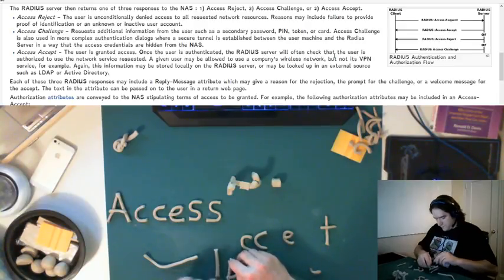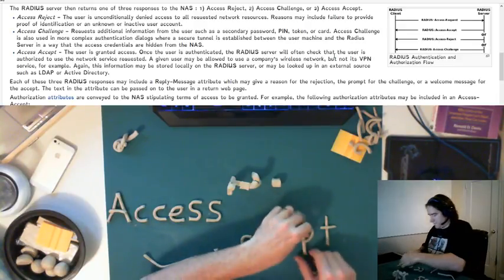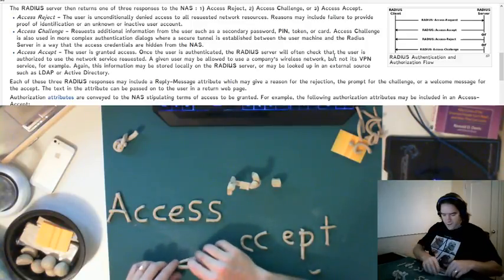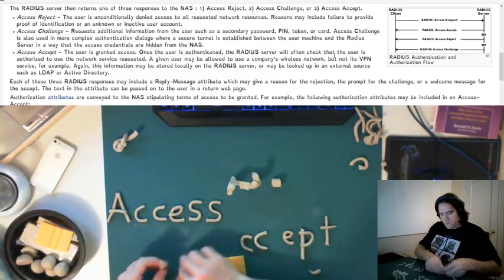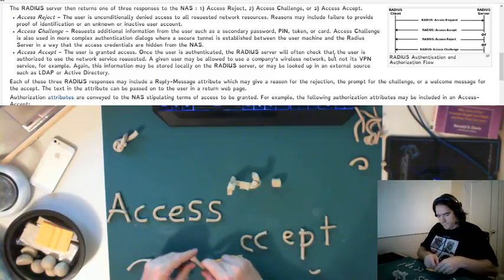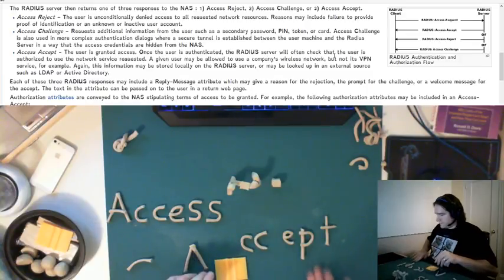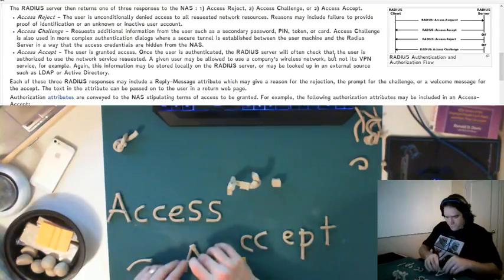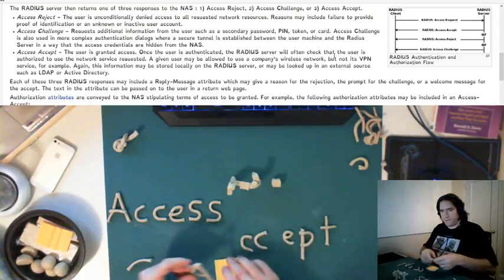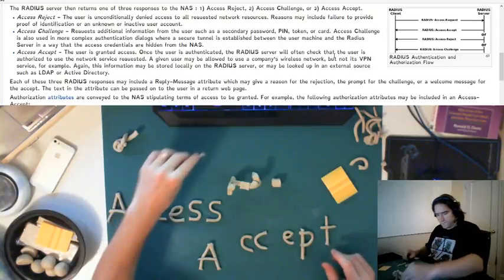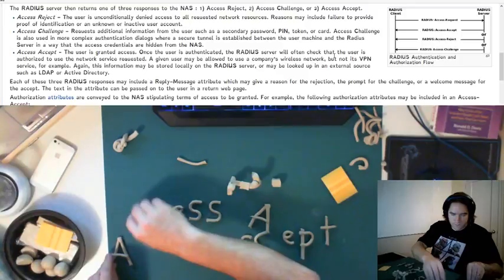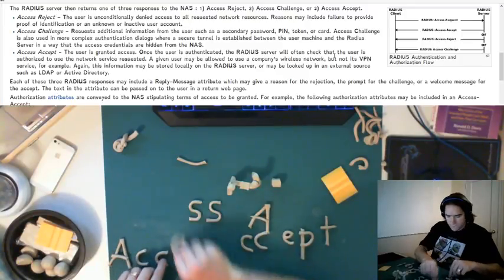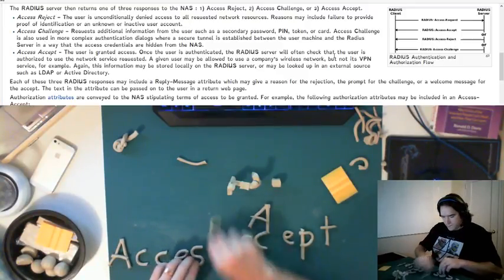No. Yeah. That's a lower P. And then an A. I need here to come here. Okay. Access accept. If I can bring this down here now, because it's a smaller word.